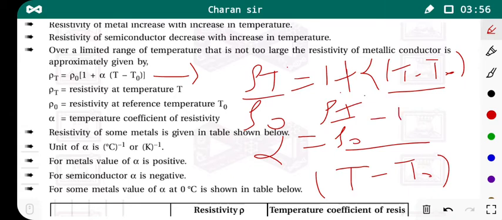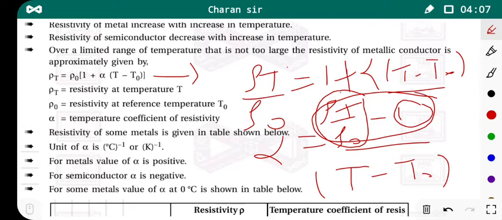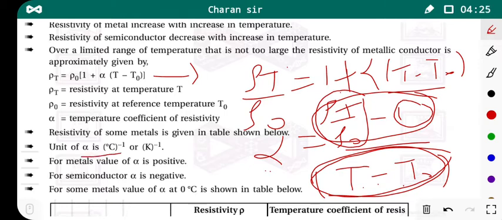Here rho T by rho 0 is a ratio of the same quantity, so it is unitless. Also 1 is just a number without any units, so in the numerator there is no unit. In the denominator you have temperature, so alpha is inversely proportional to temperature. The unit of alpha is the inverse of the temperature unit. For temperature we have two units, degree Celsius and Kelvin.